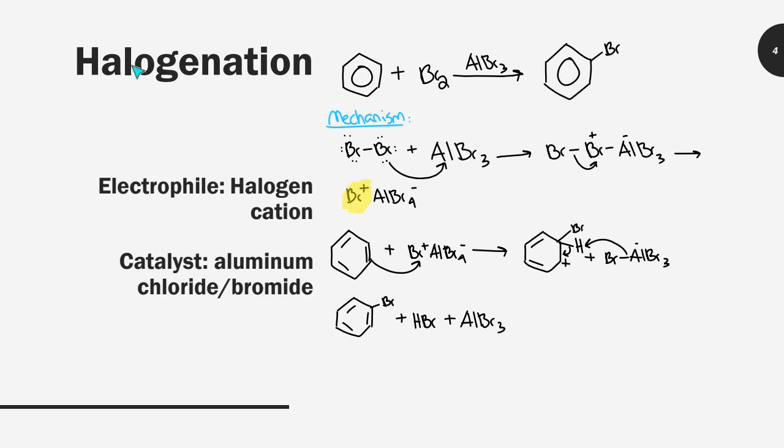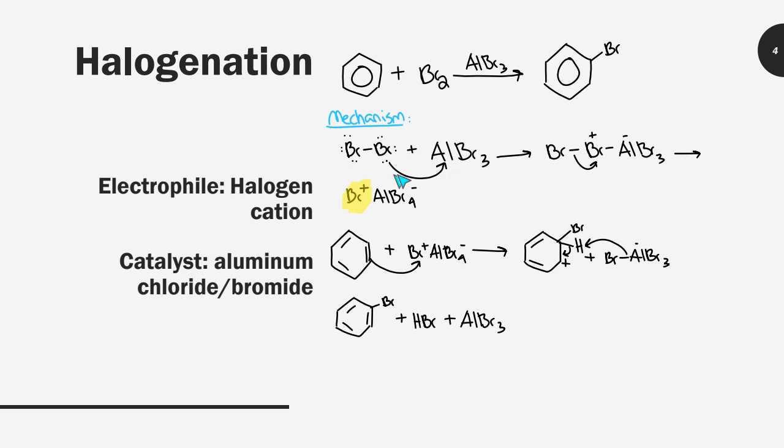So halogenation. In this case, our electrophile is a halogen cation, and we need aluminum bromide or chloride for our catalyst. This in itself is not electrophilic, so if we just add these together, they won't do anything without our catalyst. So again, we need to make our electrophile before we can add it to the ring. So this is molecular bromine.